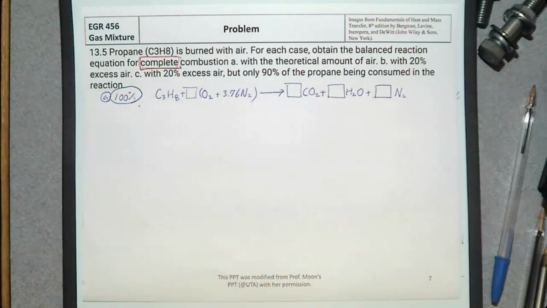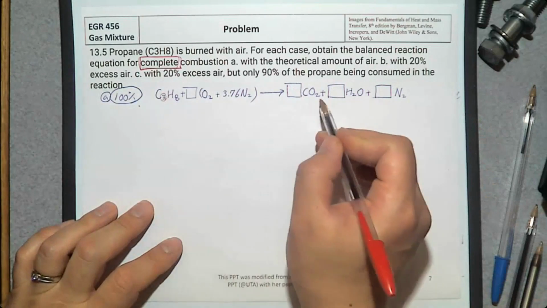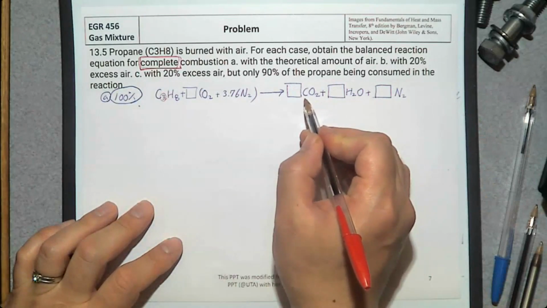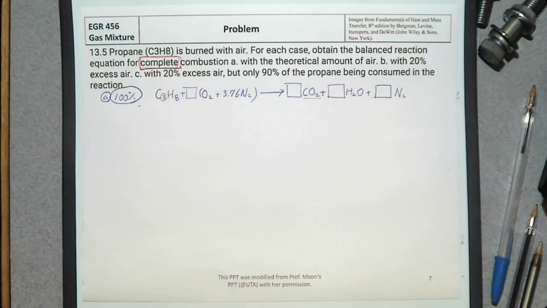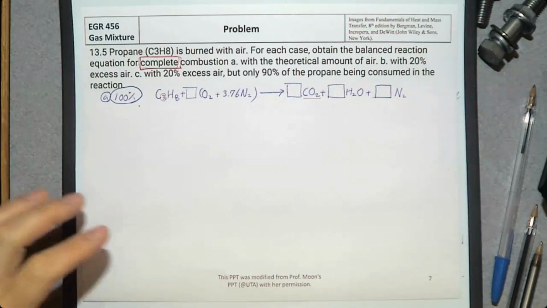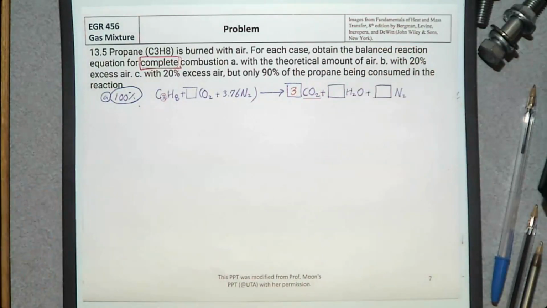We can check the number of carbons first. So we have 3 carbon atoms in 1 molecule of propane. So there are 3 of them. And each molecule of carbon dioxide has only 1 carbon atom. So each mole of propane, we can create 3 moles of carbon dioxide. So 3. What about hydrogen?